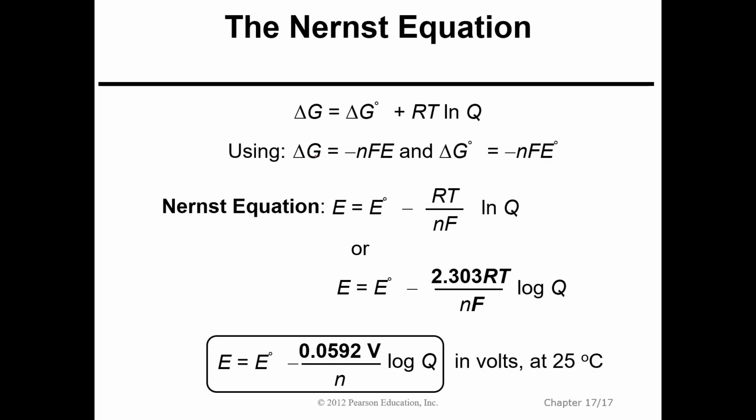Well, since both of these are delta G, we know that delta G is equal to delta G naught plus the RT ln of Q, and it's also equal to negative NFE. So we can set these two equal to each other.